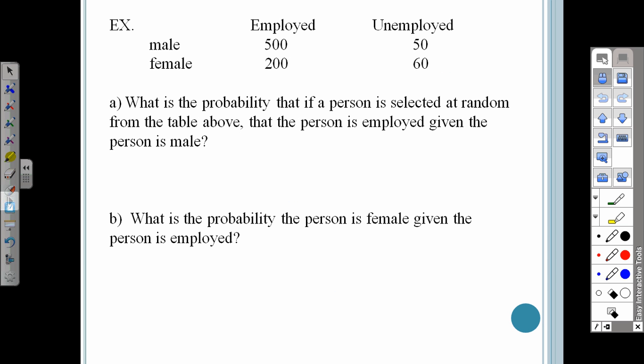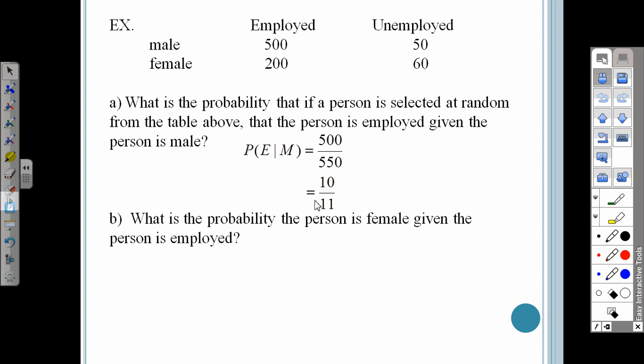We can also do this kind of probability using a table. So once again, if we look at this table, we have male and female employees, or I guess just a group of people. Some are employed and some are unemployed. Okay, so what is the probability that if a person is selected at random from the table above, that the person is employed, given that the person is male?